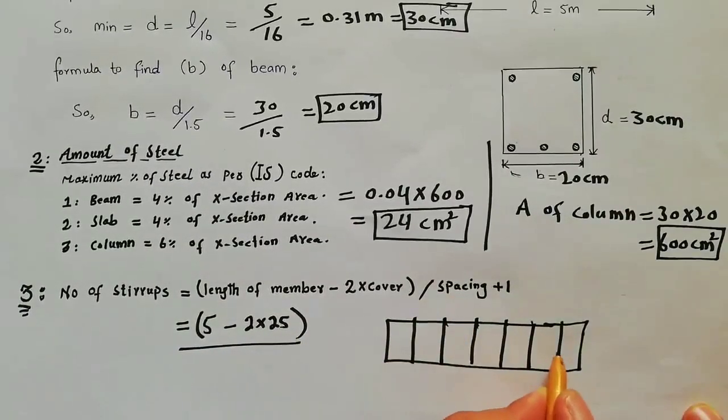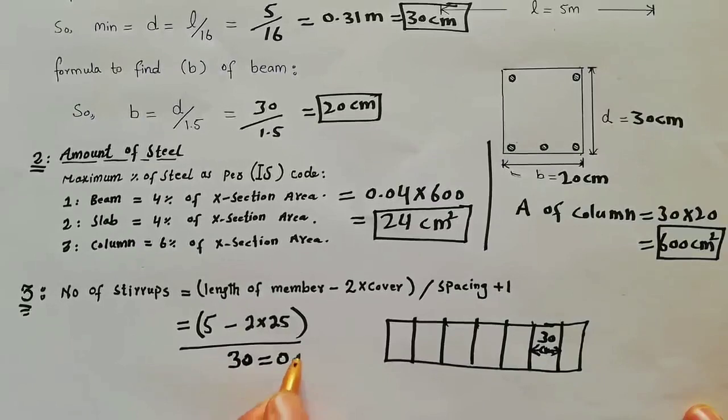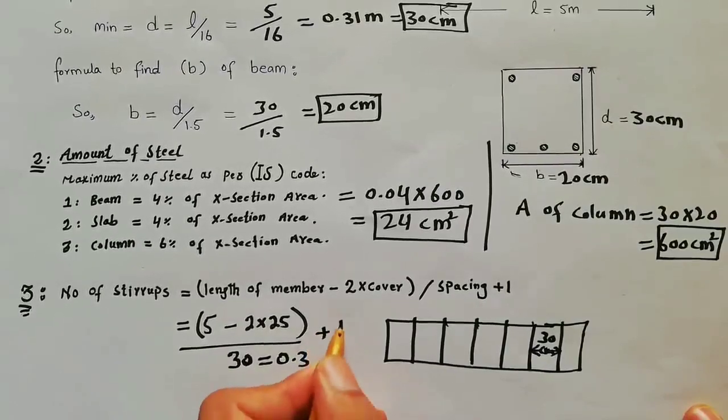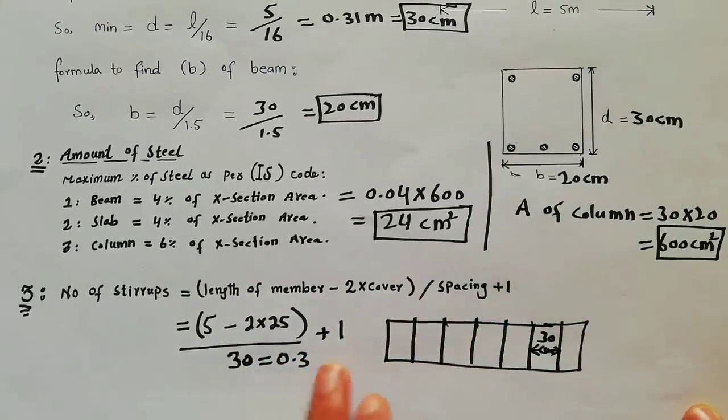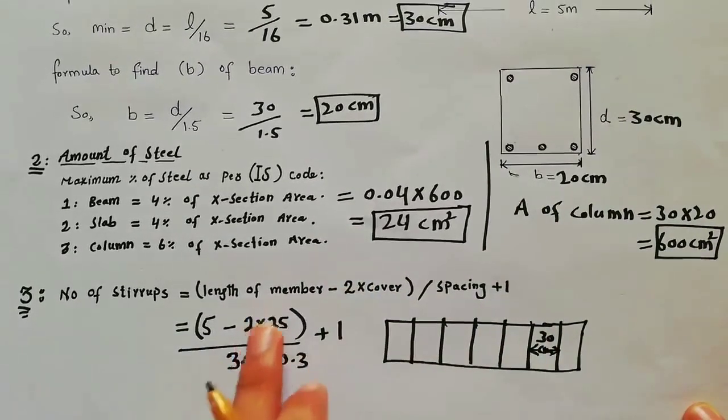Suppose I say I need spacing between two stirrups 30 centimeter, right? So right here 30 centimeter, in meter it will come 0.3, plus 1.